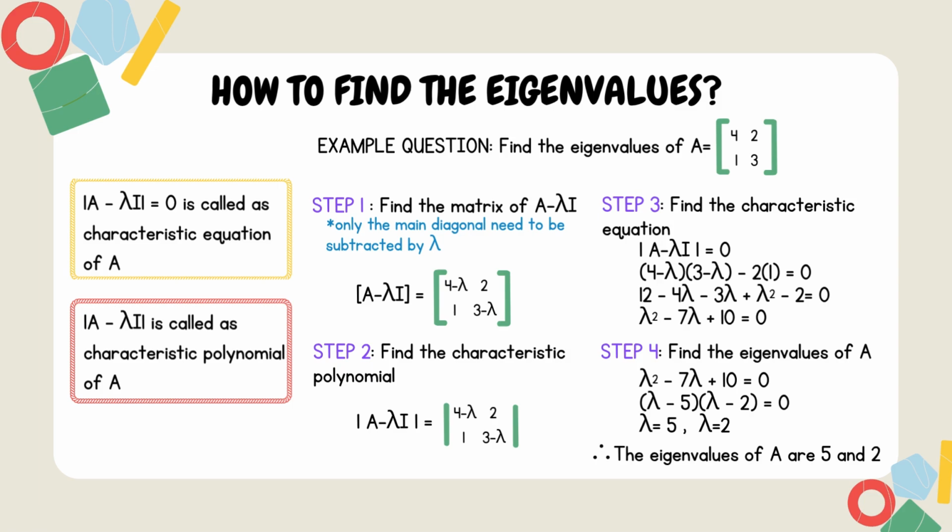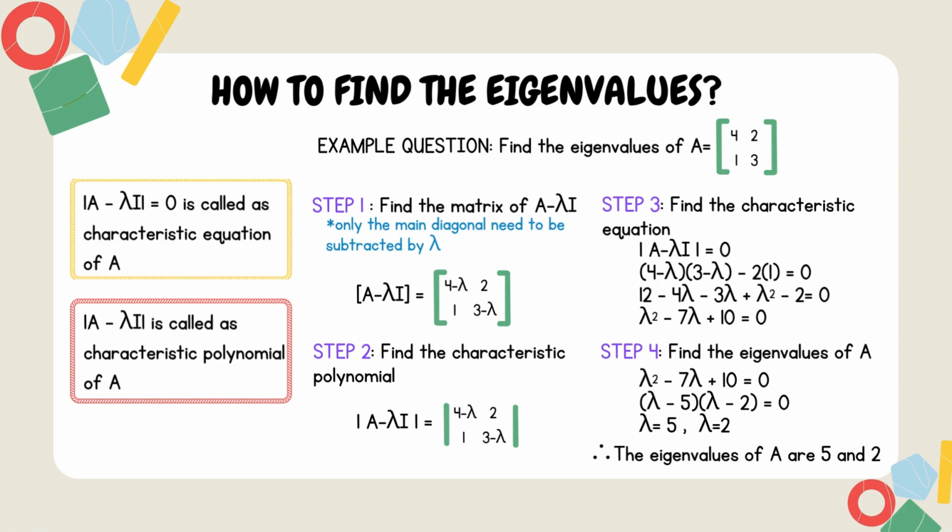And step 3, we need to find the characteristic equation. Determinant of A minus lambda I is equal to 0. After we calculate, we get lambda squared minus 7 lambda plus 10 is equal to 0 as the characteristic equation.